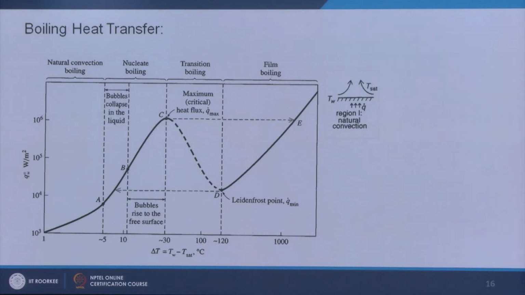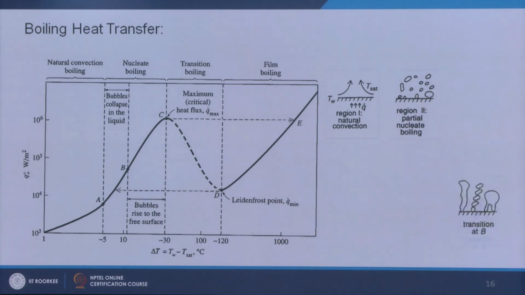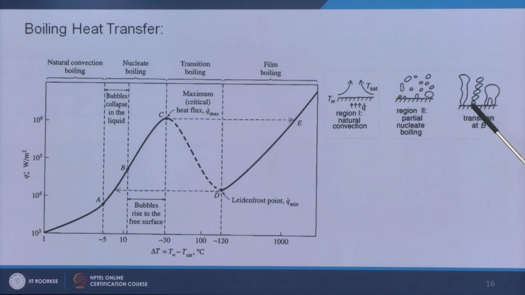So, let me show you different modes. In the natural convection zone, you can see no bubble is involved. Only natural convection is predominant over a horizontal surface. Here in the nucleate boiling zone, small bubbles you can see. At transition, these bubbles merge vertically as well as horizontally.